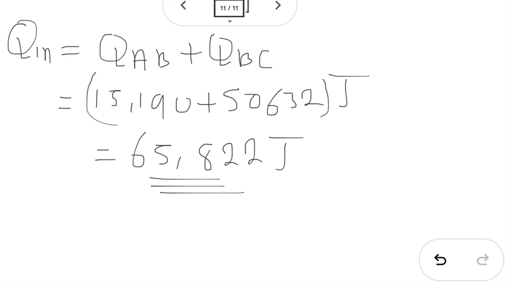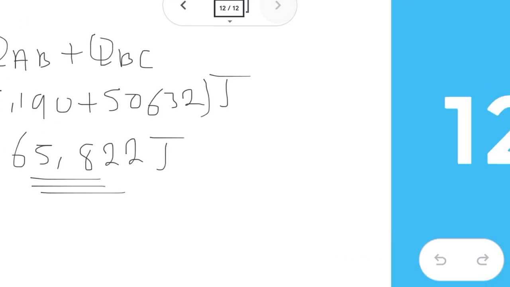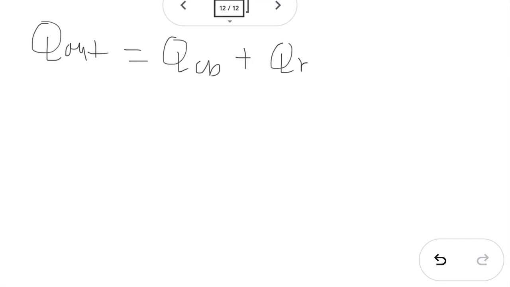And if you want to find the total heat output, more like the heat that has been lost, we look at those negative values that we obtained while we were solving. So the total heat output is the heat that we found during the process CD and also the heat that we found during the process DA. These are the negative values.